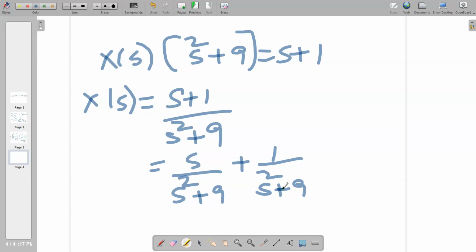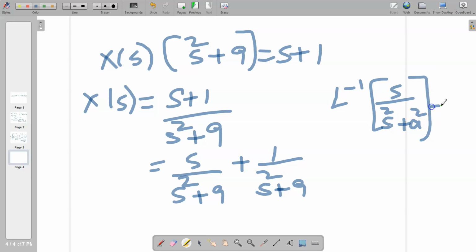Okay. So, I know L inverse of s by s square plus a square is equal to cos a t.